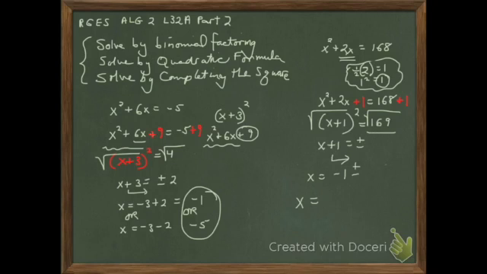The square root of 169 is not 169, it's 13. Now try it. Negative 1 plus 13 is 12, or negative 1 minus 13 is negative 14. And that's how it works. I think we better do another problem.